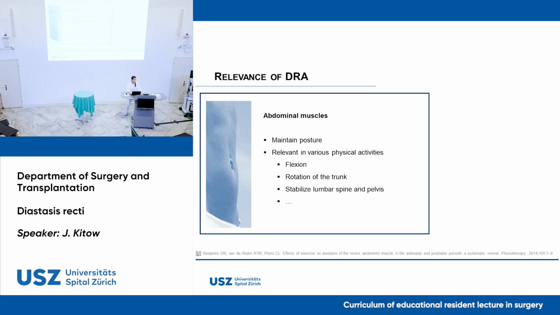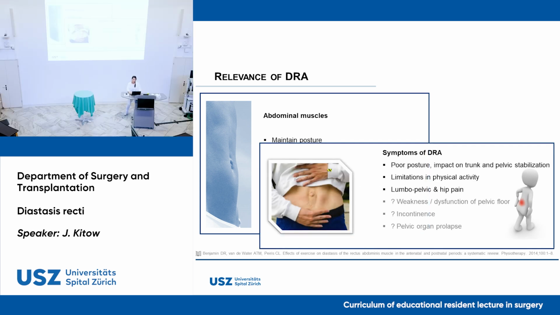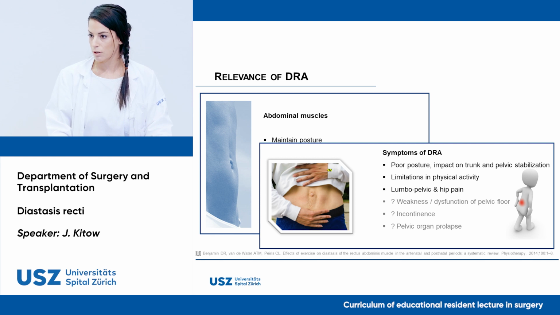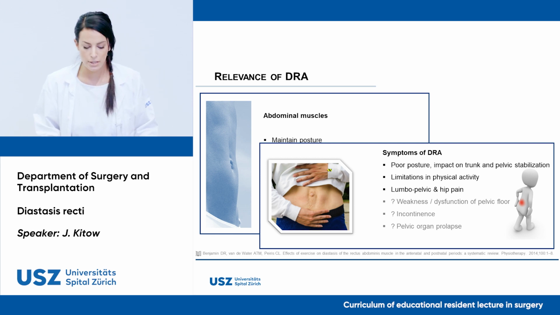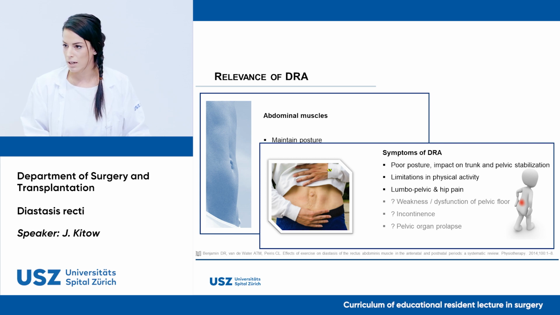So when it comes to diastasis rectus abdominis, you will find the following symptoms. You will find patients with a poor posture and impact on trunk and pelvis stabilization. As well, they will be limited in physical activity, and they might report lumbopelvic and hip pain.